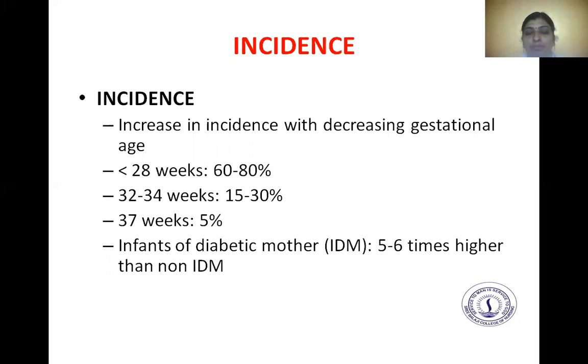Babies born before 28 weeks of gestation have a 60 to 80 percent risk of RDS. Babies born between 32 to 34 weeks of gestation have a risk of 30 to 50 percent. Babies born at 37 weeks of gestation have only a 5% risk of RDS. Also, infants of diabetic mothers have a 5 to 6 times higher risk than those of non-diabetic mothers.